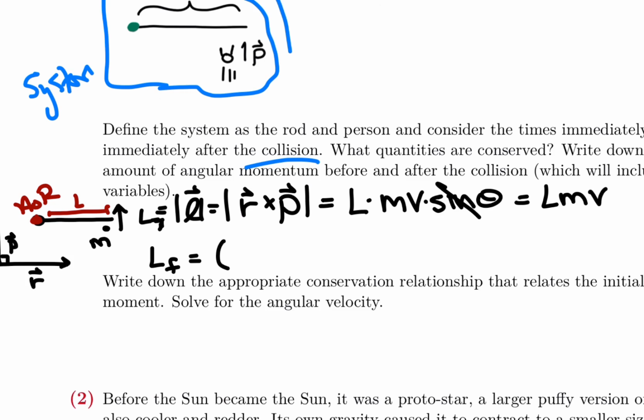So for extended objects, you can always write this as I omega, if the entire object is rotating as one big unit, in which case it is. So in this case, it amounts to writing this as I rod plus I skater, and they are both rotating with some angular velocity omega.